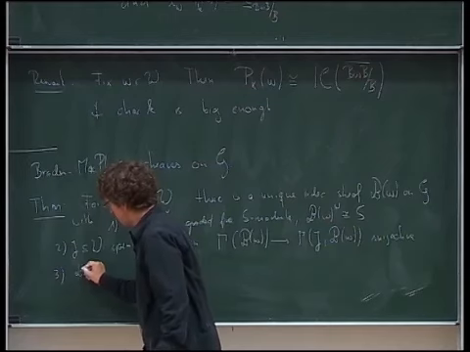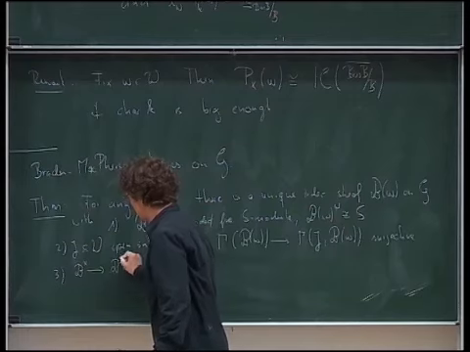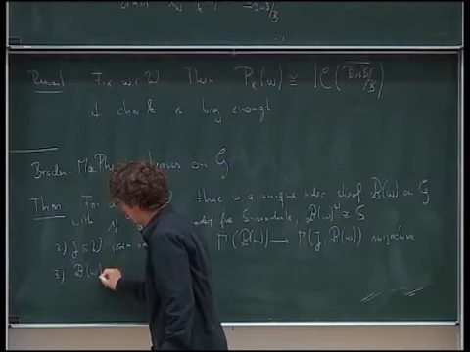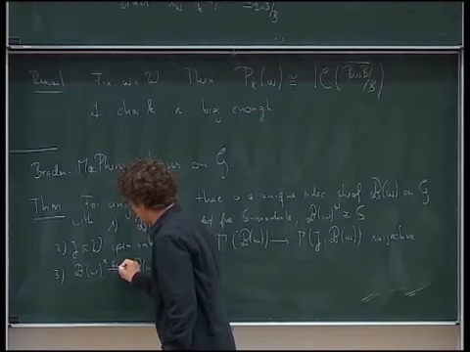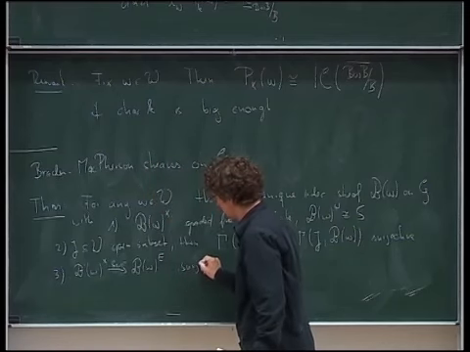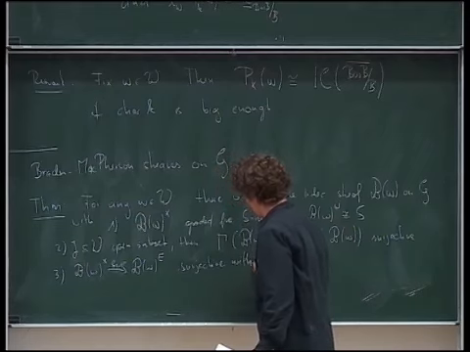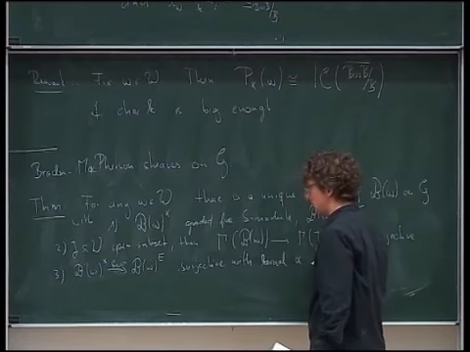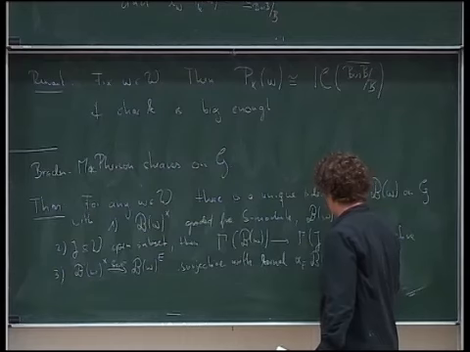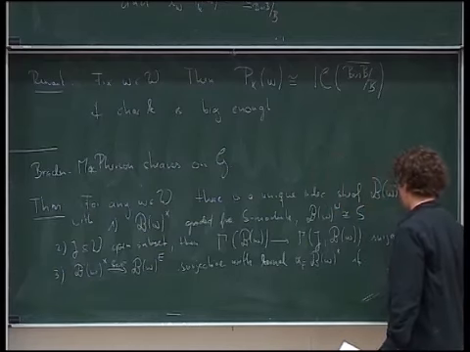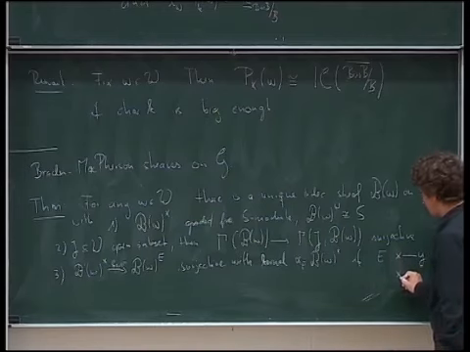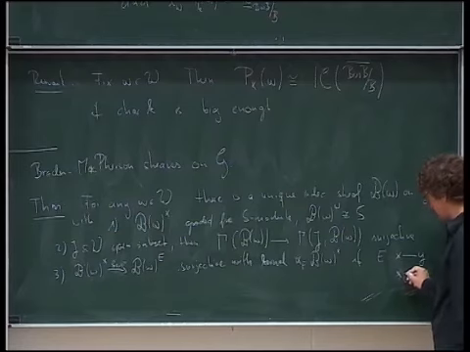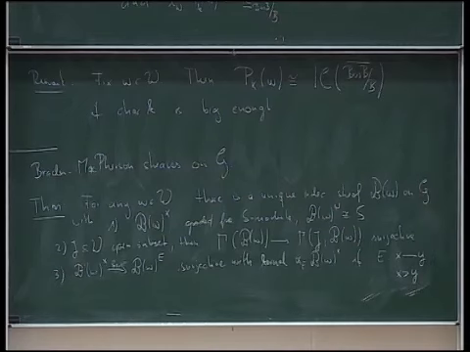Thirdly, the map rho_{x,E} from B_W(x) to B_W(E) is surjective, with kernel alpha_E times B_W(x), if E is an edge linking x and y, and x is bigger than y in the Bruhat order.